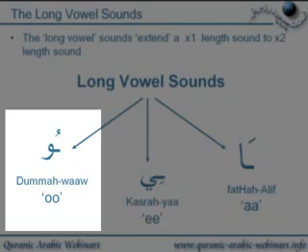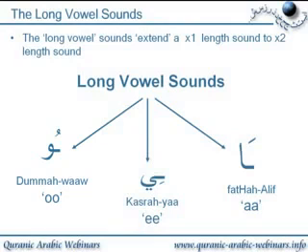It will change the sound of the u, which is one long, to two long. So the u will change to oo. So the fathah alif gives the sound of a, the kasrah ya gives the sound of ee, and the dummah waaw gives the sound of oo.